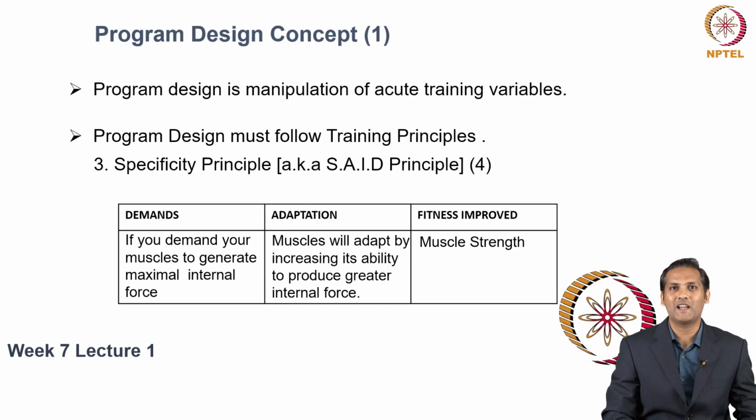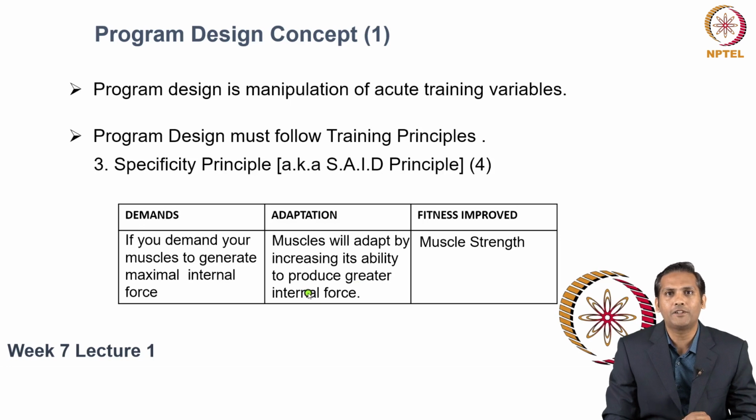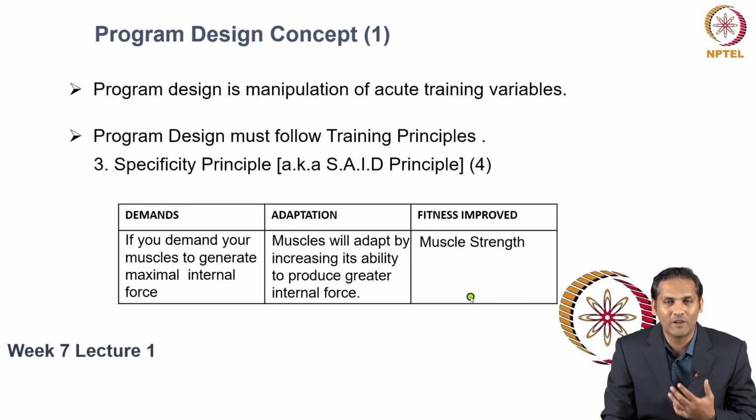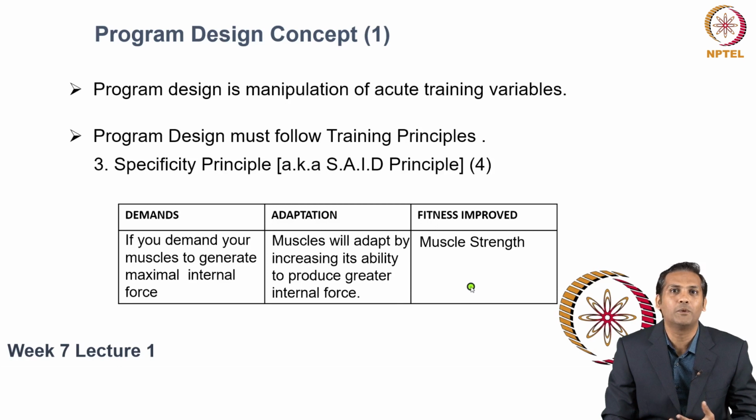That's how you can apply the principle of specificity. Here, the demand that you are putting through exercise is the ability of your muscles to generate more internal force. When you provide this demand through exercise, your body will adapt and increase its ability to produce greater internal force so that you can lift greater external loads. And this ability to generate maximal force for a given weight, if that weight is maximal, is called muscular strength.